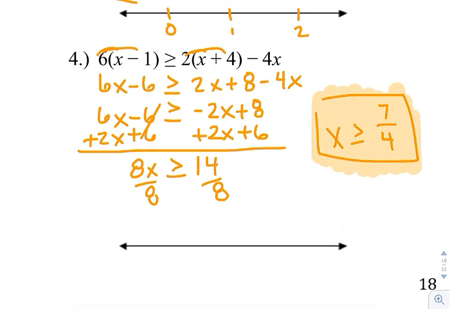Again, I like to keep things in fractions. You guys can write them as a decimal if you want. So as a decimal, that'd be 1 3/4, 1.75.